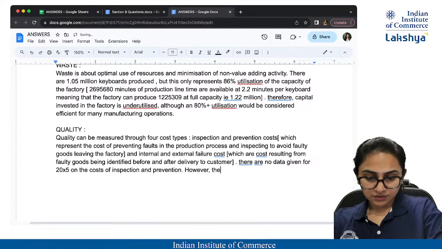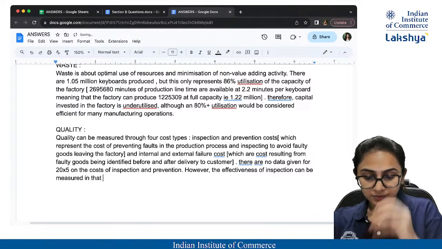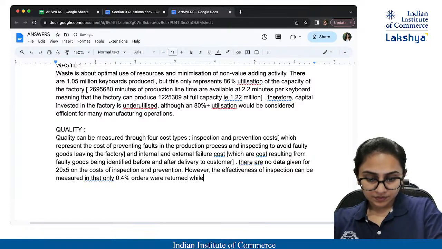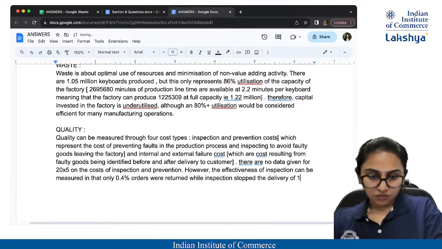However, the effectiveness of inspection can be measured in that we've clearly said only 0.4% of orders were returned, while inspection stopped the delivery of 1.5% faulty goods.